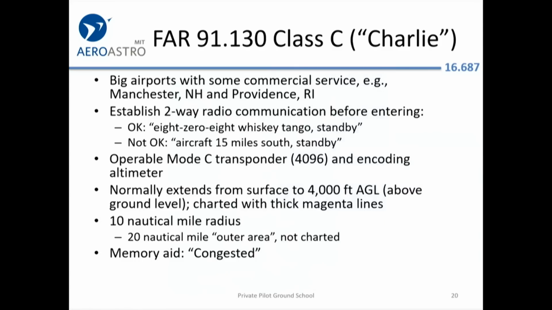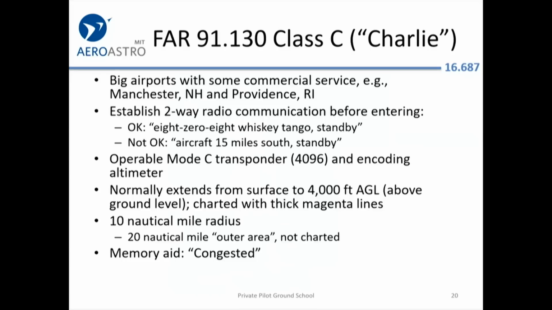Okay, so now is Class Charlie. So they're also busy airports, but they're not quite as busy as the Class Bravo airports. So for example, Manchester, New Hampshire, Providence, Rhode Island. Here, you're required to establish two-way radio communication, where they actually know the tail number of your aircraft. So every aircraft has a number. If it's a US aircraft, it usually has an N or November at the beginning. So, November 535, Alpha Bravo.